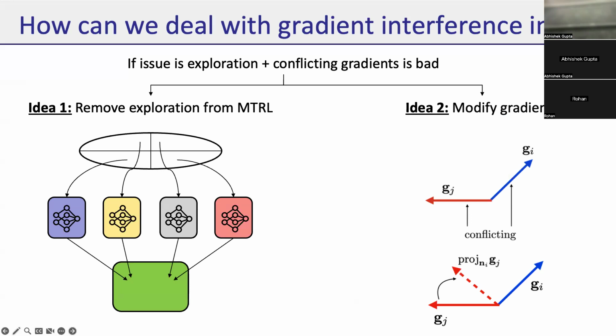So decouple multitask learning and exploration. The second idea is like what Sanjay just suggested: find a way to deconflict the gradients so that you can still make learning progress without getting stuck in this winner-takes-all loop. So we're going to discuss two different ideas, removing exploration and modifying gradients.